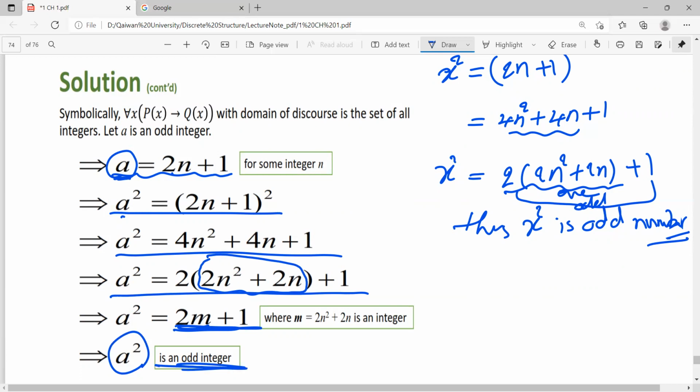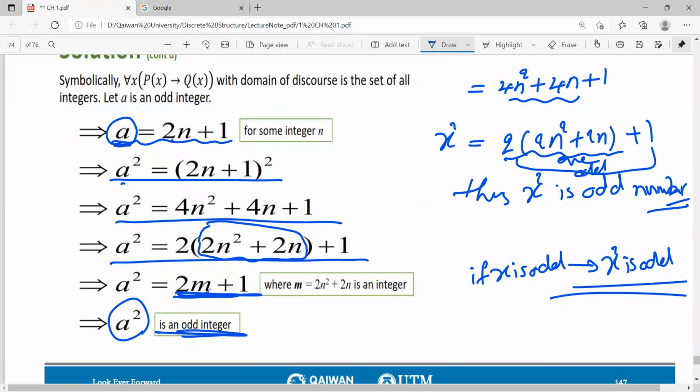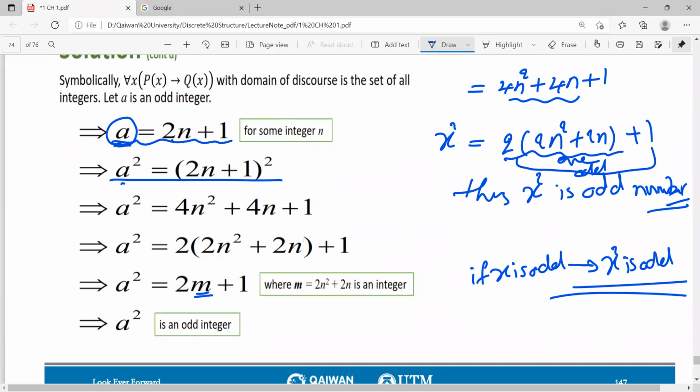So we say if x is odd, then x squared is odd. We prove this by using direct proof. So in direct proof, we use the given to prove the required part. Okay, directly we get the result.